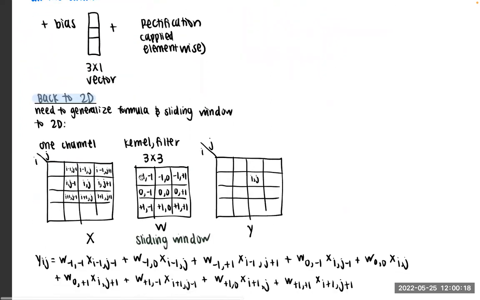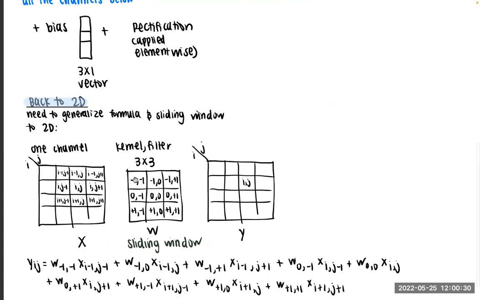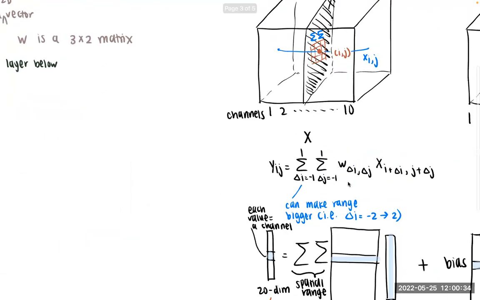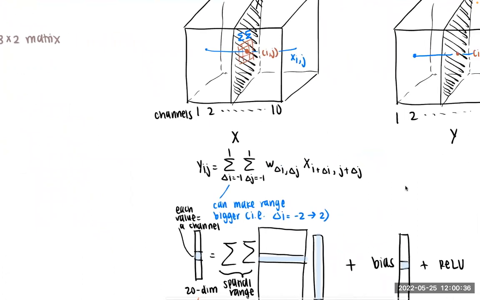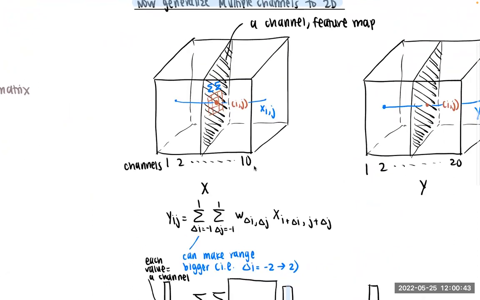You see delta I can be from -1 to 1, and delta J can be from -1 to 1. So we have this 3 by 3 kernel. And for each delta I, delta J, we have W, right? And then we can write it in this way. So this is certainly true for the one channel situation where all those things are numbers.